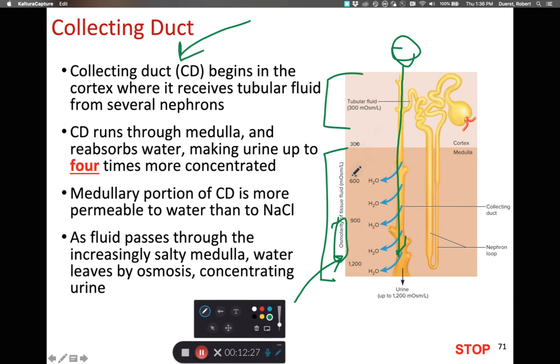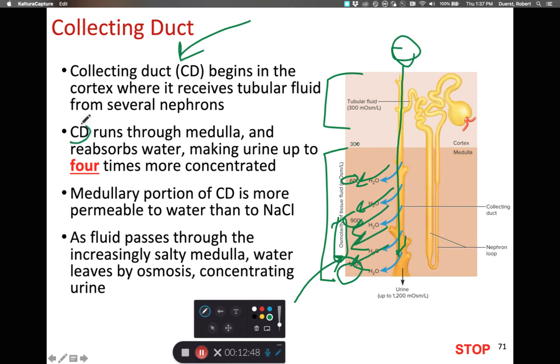So it becomes saltier and saltier. And as the filtrate travels through this tube that's exposed to increasing salinity gradients, we're going to continually pull more and more water out via osmosis.